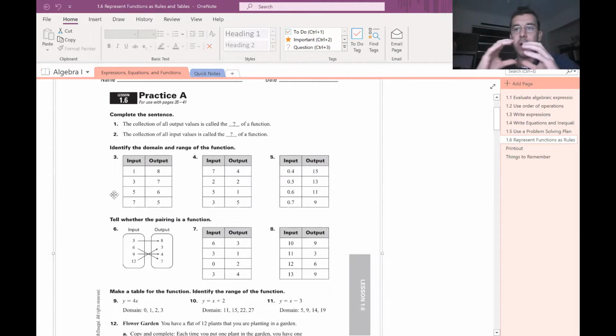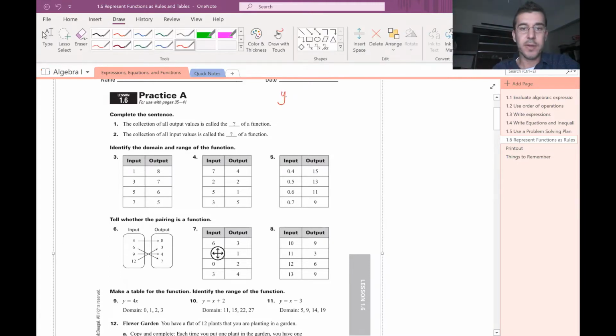A collection of outputs is called range. And then we have a function, something like y equals 2x plus 3. This is a function where you have an input variable and an output variable. And for each input, you have exactly one output. That's the main key, one output for one input.